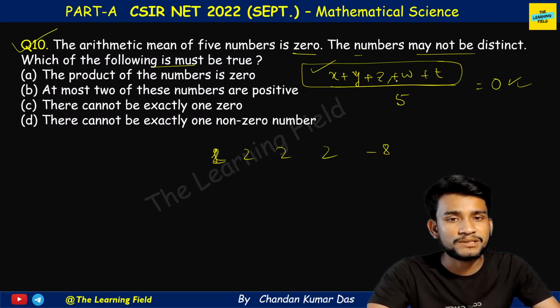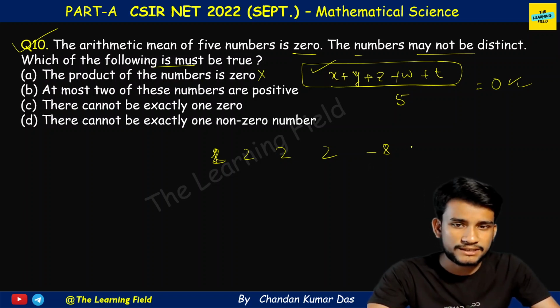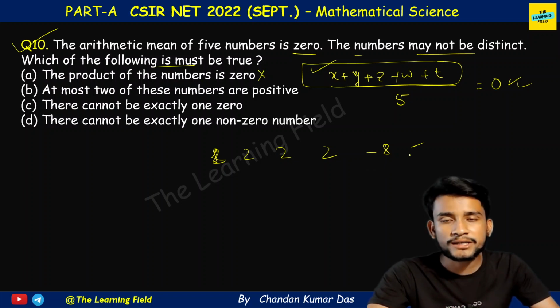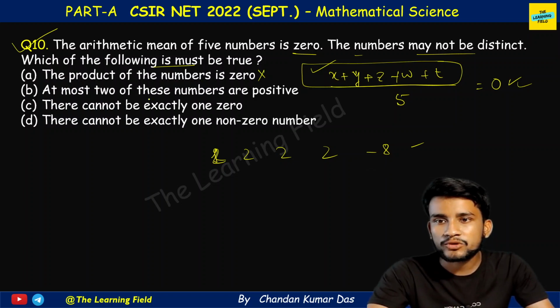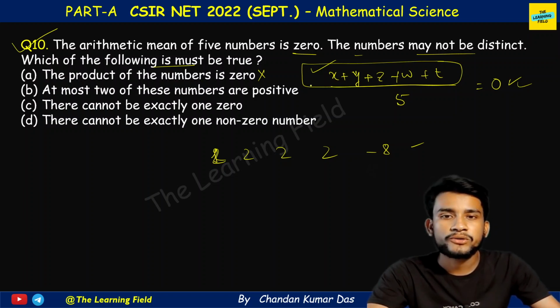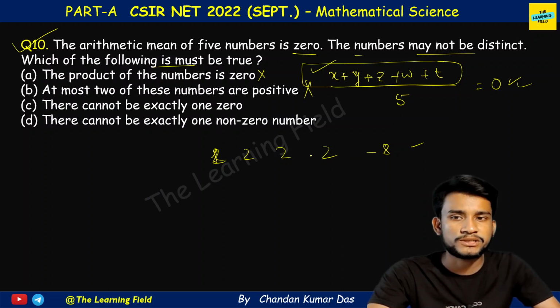If this sum is 0, then the mean is 0, you can say clearly. Therefore, the product of the numbers is 0. So this is false, because you can take this example whose product is not 0. At most 2 of these numbers are positive. No, this is also false. You can take again this example, because there are 4 positive numbers.